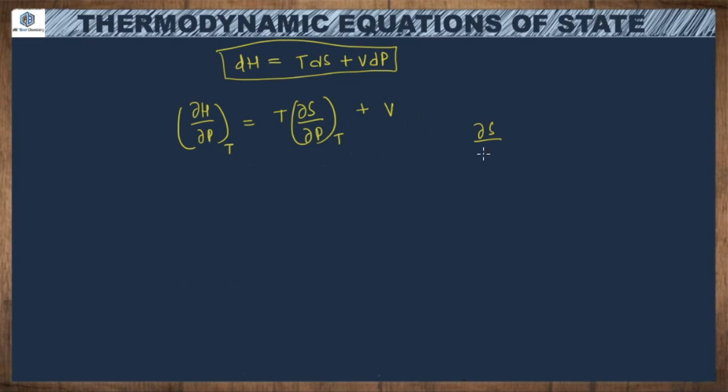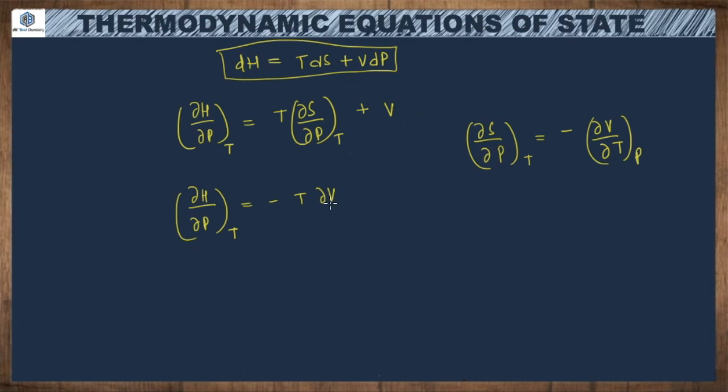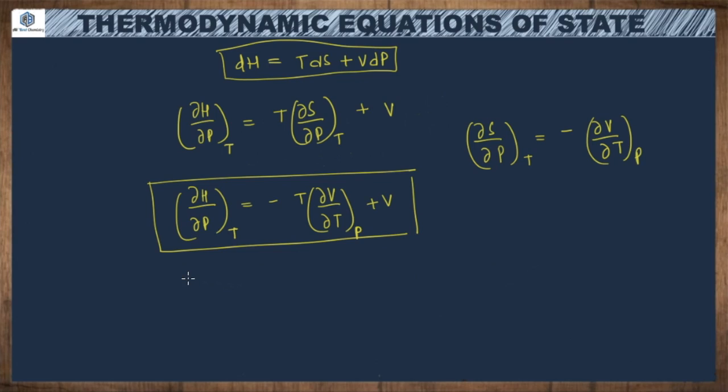Maxwell relation tells you that del S by del P at constant T is actually equal to minus del V by del T at constant P. So you can substitute it over here, and that's how you will get del H by del P at constant T equal to minus T del V by del T at constant P plus V. This is called the second thermodynamic equation of state.